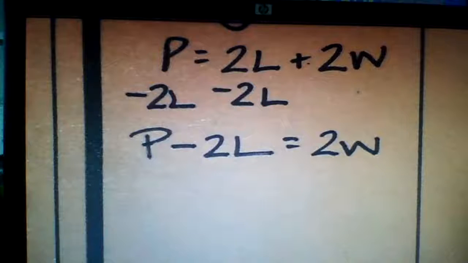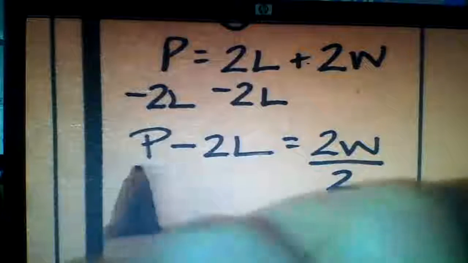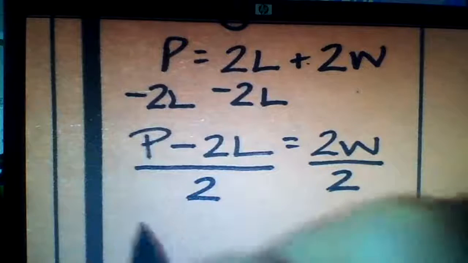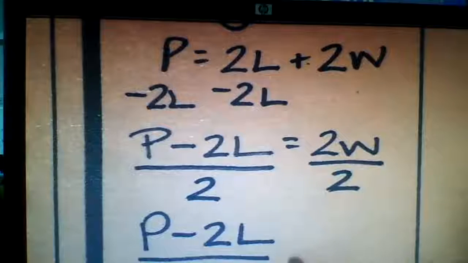So while I can't put them together, I can still keep them side by side. W is still not by itself. So now what? Divide by what? Divide by 2. So P minus 2L divided by 2 equals W.